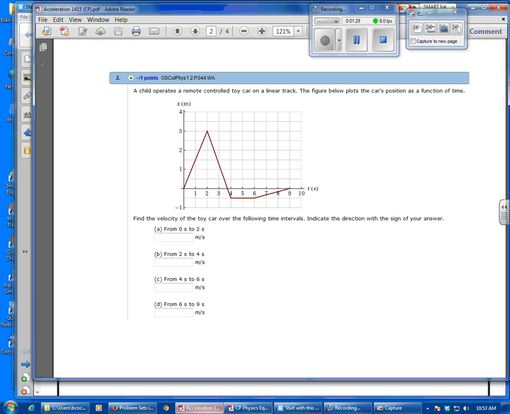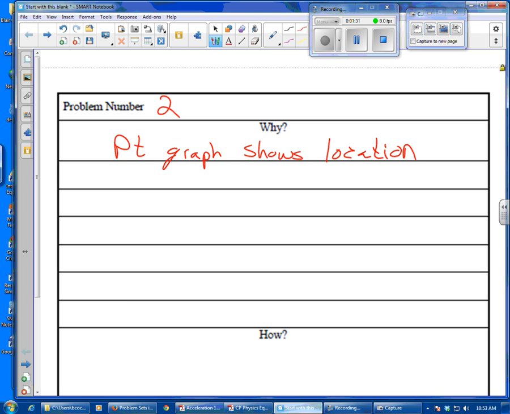So that would be the next fact I would put up there. Velocity is the rate the position changes. It's showing you understand the relationship between velocity and position.